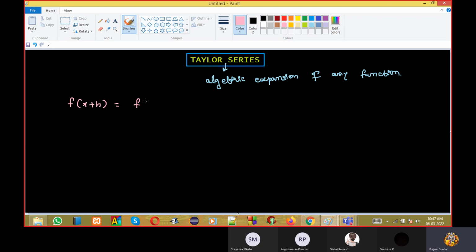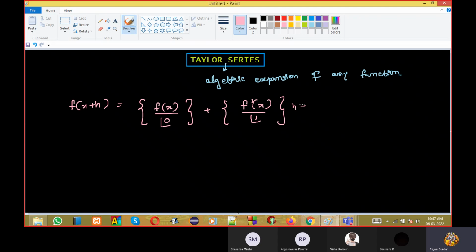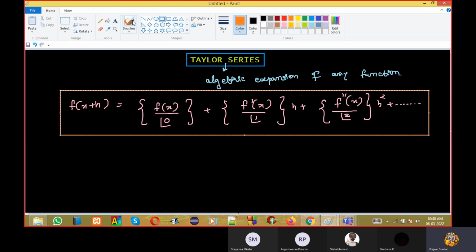Don't worry too much about it. f of x plus h will be f of x by 0 factorial, plus f dash x by 1 factorial into h, plus f double dash x by 2 factorial into h squared, like that. This is the formula for one variable.